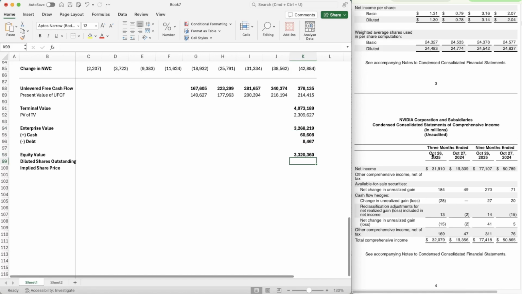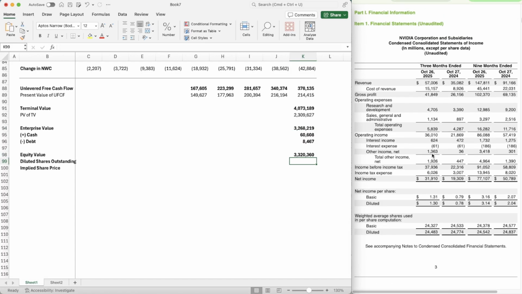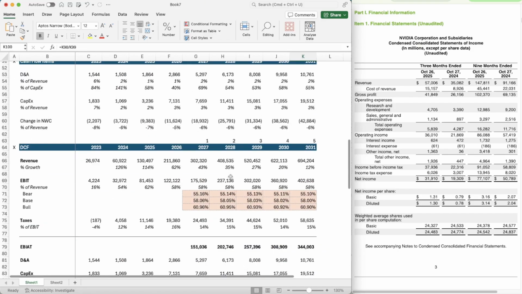The diluted shares outstanding are on the income statement down here. So we're going to go 24,542. So the implied share price is just your equity value divided by your diluted shares outstanding, which would say $135. Which, whoa, let's plug that in.